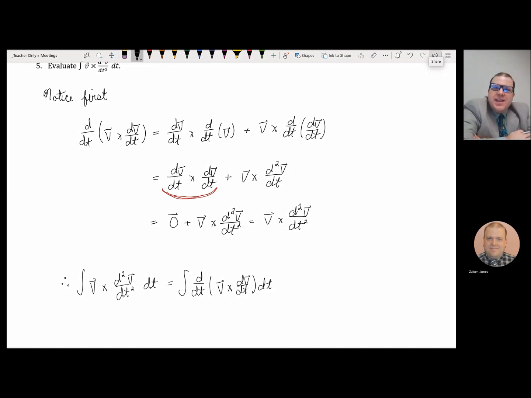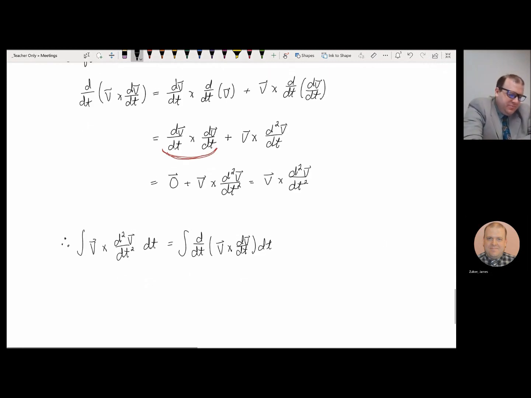So our antiderivative is really the antiderivative of the derivative of v cross dv dt, right? Well, there's a reason it's called the antiderivative.